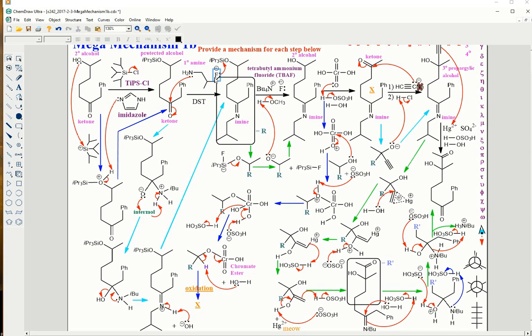The silicon protecting group is removed with the fluoride anion, generating this pentavalent silicon intermediate, which ionizes to this alkoxide, which protonates using the solvent methanol.